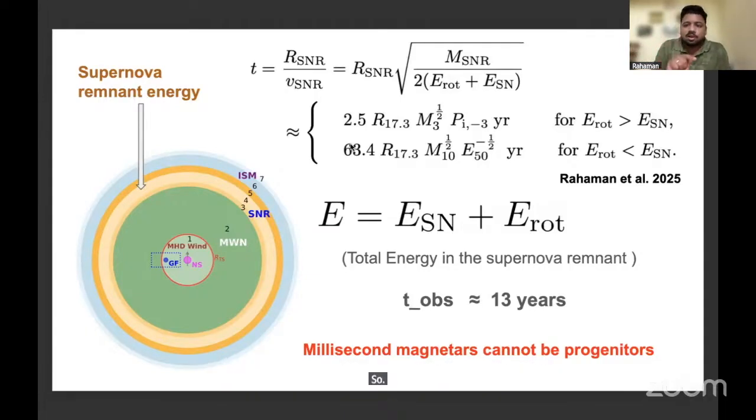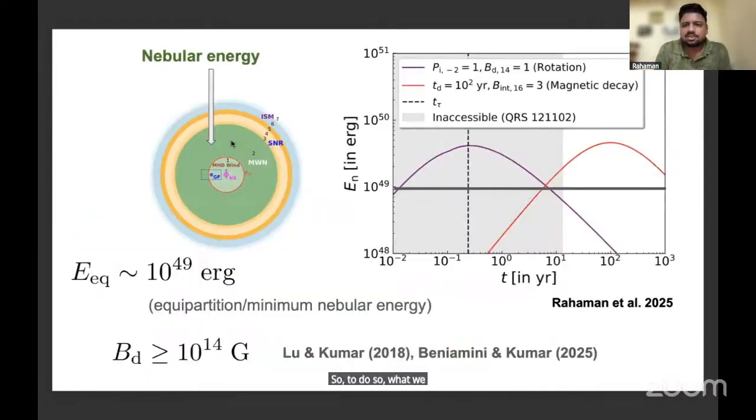So we already saw the compactness of the PRS, but we still have to explain what actually powers the PRS. To do so, we have to know the energy content in the nebula itself, because to remind you, it is the charged particles in the nebula which are powering the PRS.